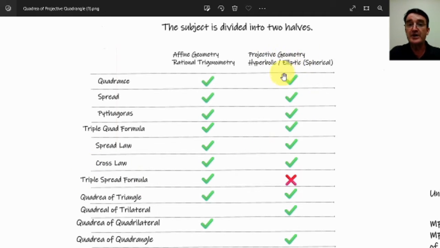In projective geometry, we also have formulas for Pythagoras' theorem, the triple quad formula, the spread law, and the cross law. I'll provide a link here to a video that details these 9 formulas. They're the 9 main formulas in the subject.